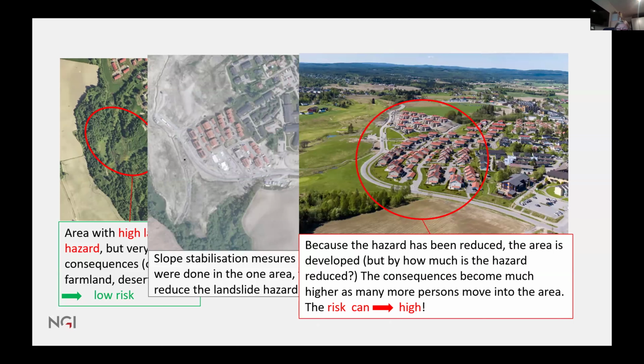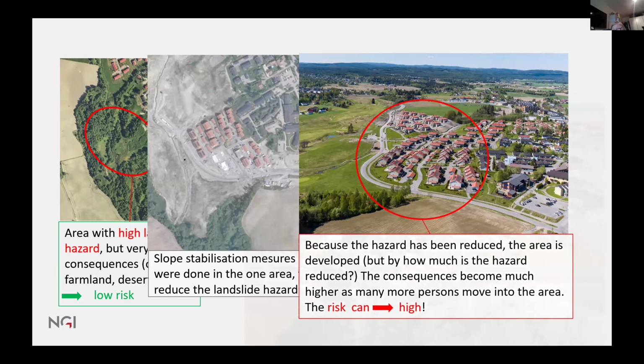The problem is that with the stabilization that was done, it was not known by how much the probability of failure would be reduced. These buildings here were installed in 2007, but because there are many more people living on that slope and downward, the consequence is much higher, because there are about 100 buildings there, and a lot of people at risk.